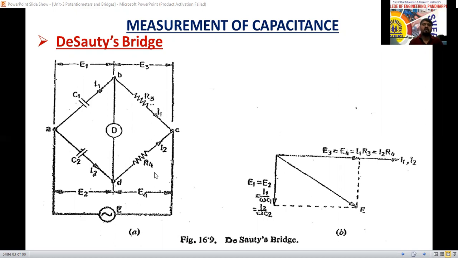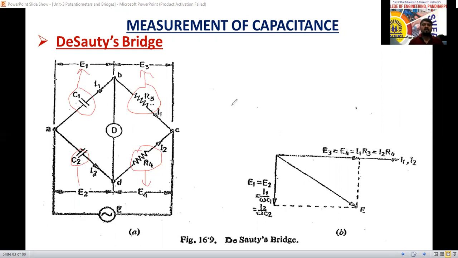The voltage drop across the capacitor C1 is called E1. Voltage drop across C2 is E2, voltage drop across resistance R3 is E3, and voltage drop across R4 is E4.